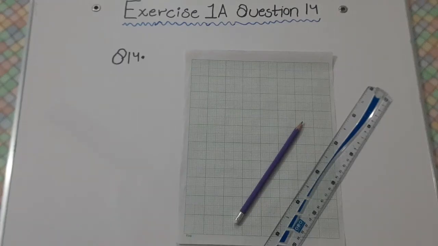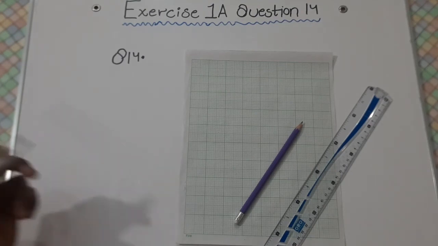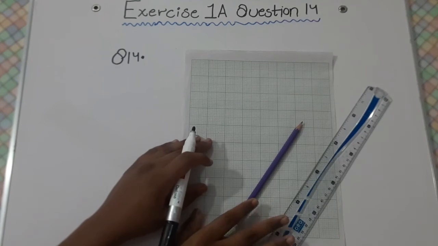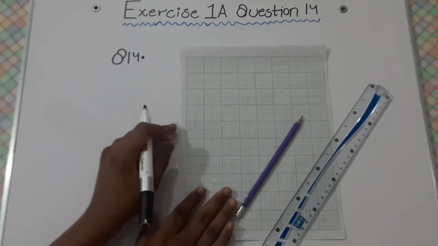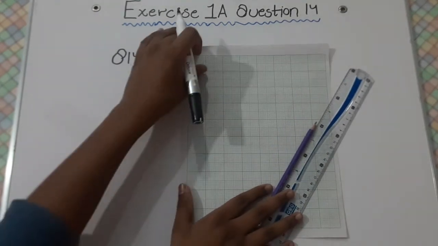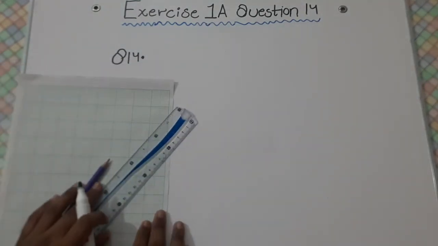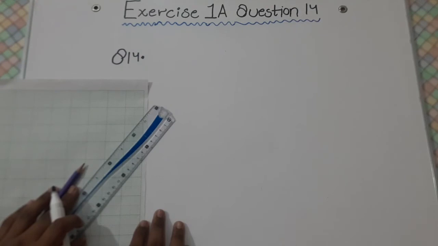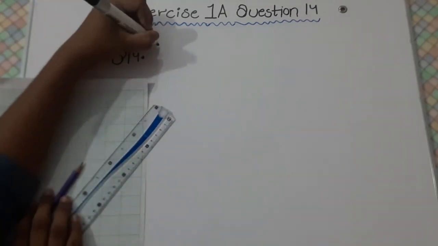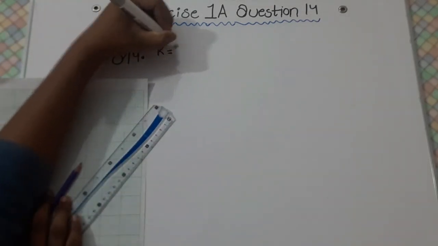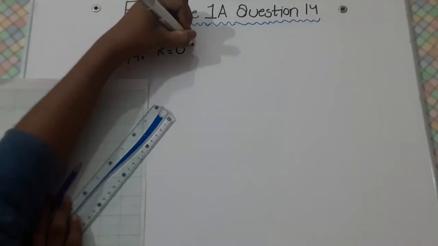Now let's start plotting the graph for the last part of this question. I have taken a pencil, a scale and a graph paper to plot the graph. Let me first write the coordinates that we have to plot. Our coordinates were: r equals 0, v would be 0.